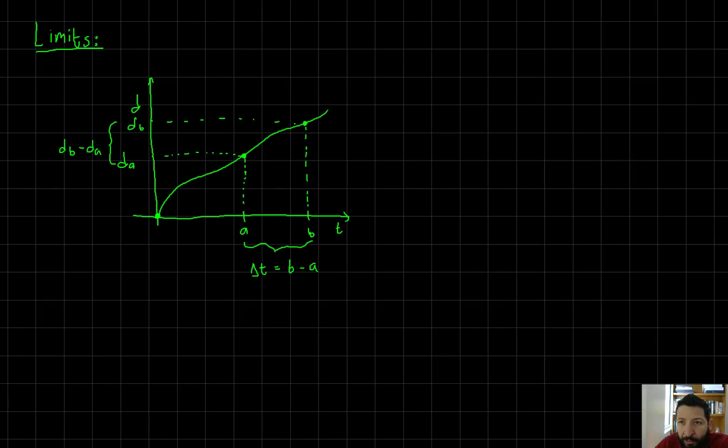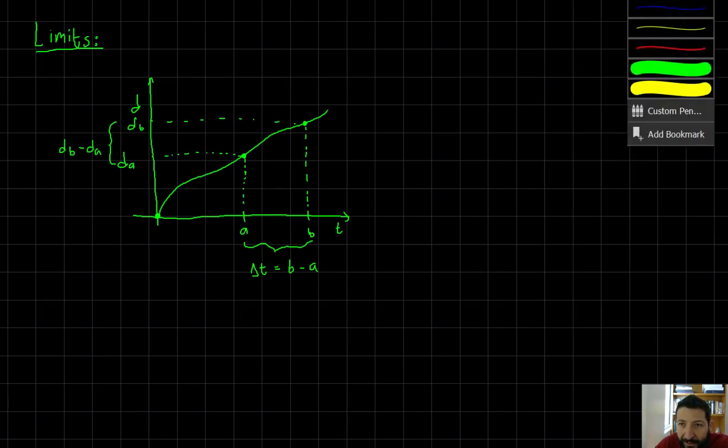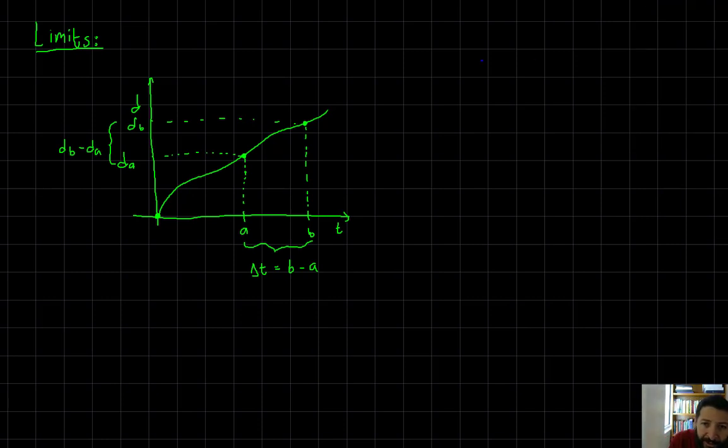So if you were to compute the average rate of change, which, if you remember, is delta D over delta T, in this particular case it would be dB minus dA over B minus A. And this would mean the average speed of the object in this interval.